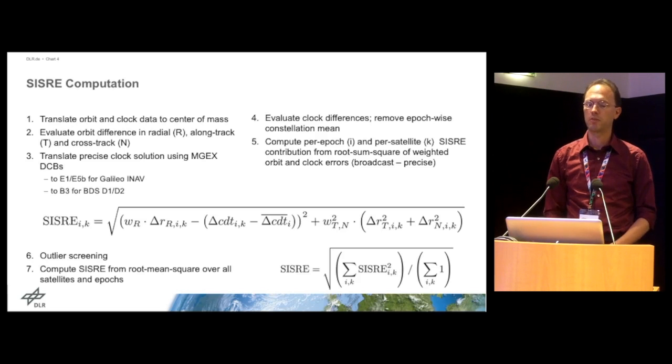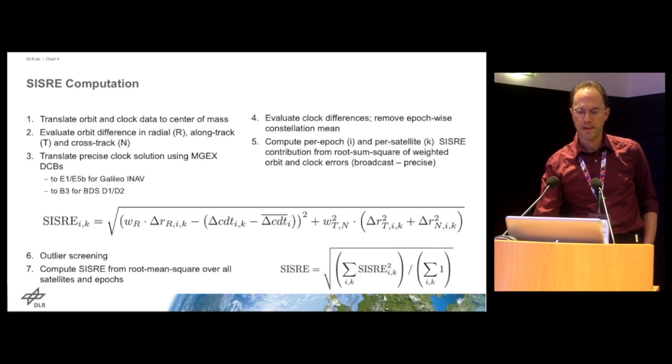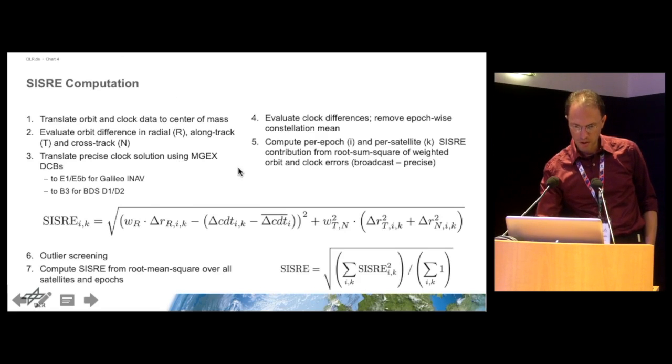Then after this translation we can compute the clock differences, remove an epoch-wise constellation mean, and then in the fifth step we can compute for every epoch i and for each satellite k the SISRE contribution, and you can see here the equation. So we have here the radial differences, we have here the along-track and cross-track differences.